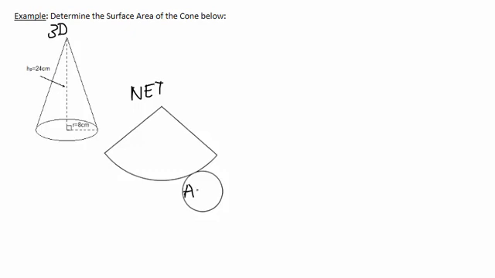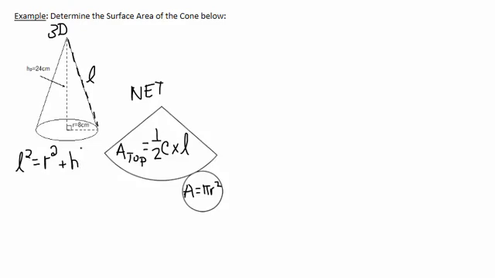The area of a circle we know is pi r squared, and the area of the top shape is equal to 1/2 circumference times slant height. So slant height we are going to have to calculate the same way we did for the pyramid. Slant height squared is equal to this side squared plus this side squared, so r squared plus height squared.